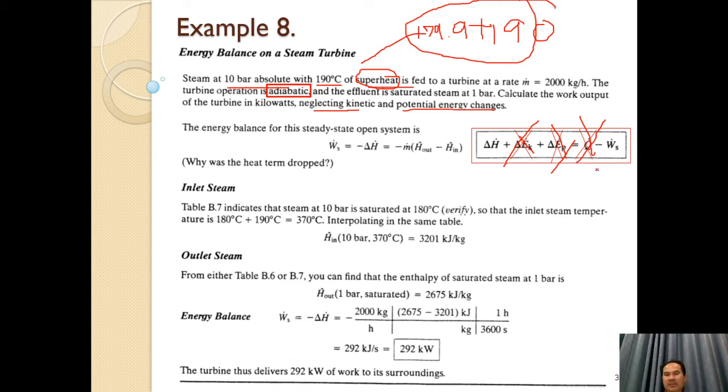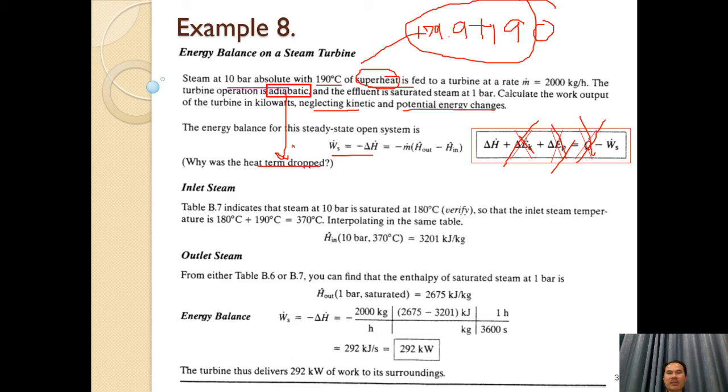Also, you get delta H equal to minus W, sorry, W equal to minus delta H. And also delta H equal to m dot, the mass rate, multiplied by specific enthalpy out minus specific enthalpy in. The heat drops because it is adiabatic. Adiabatic means heat is equal to 0.